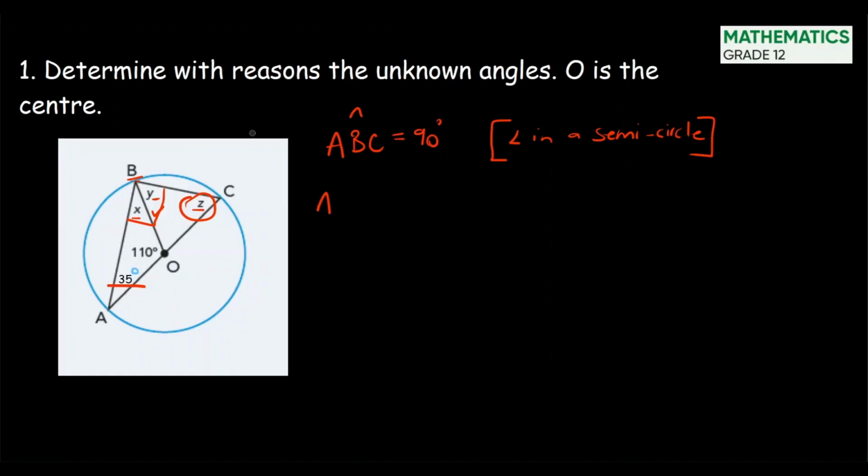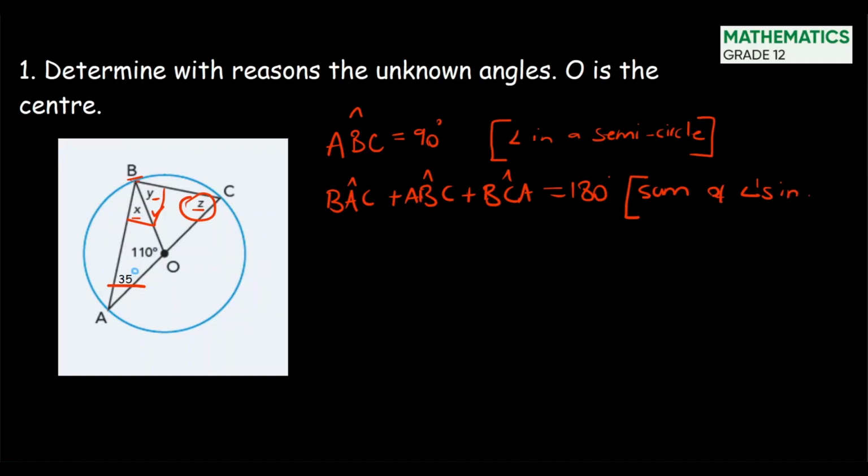We're saying that angle BAC plus angle ABC plus angle BCA should equal 180 degrees, because the sum of angles in a triangle adds up to 180.